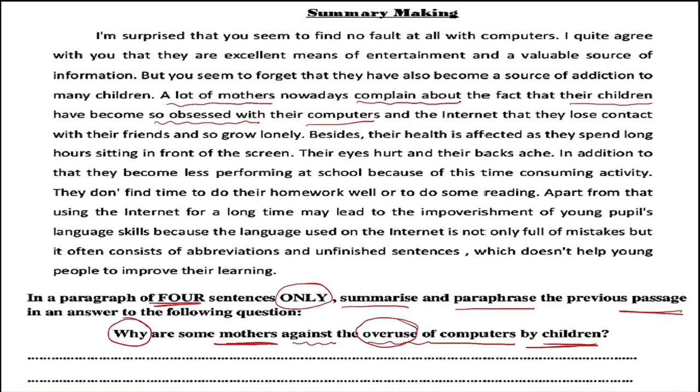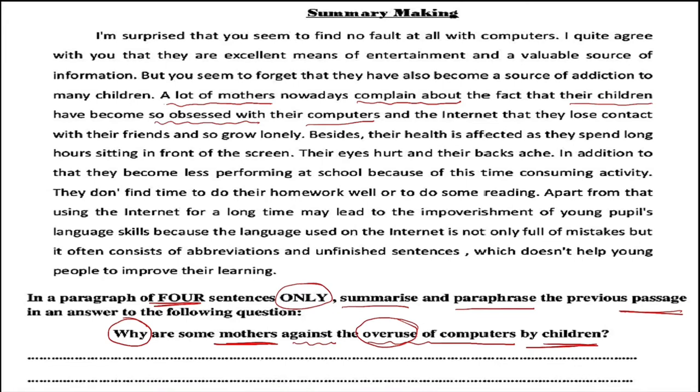All right, so the answer that I want, or the details, are coming in the following sentences. So this is where we should start. So, what are the sentences? Remember, we need only four ideas that we're going to choose for our summary.